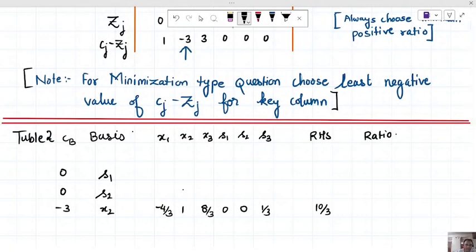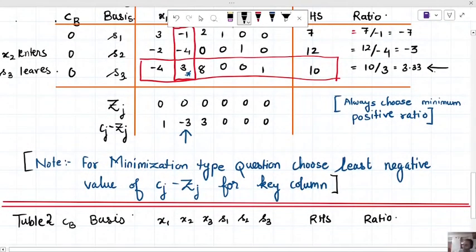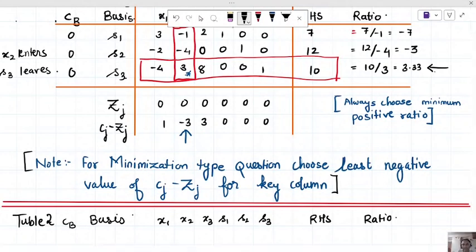The other elements in the key column will become 0. Apart from the key element, all other elements will become 0.